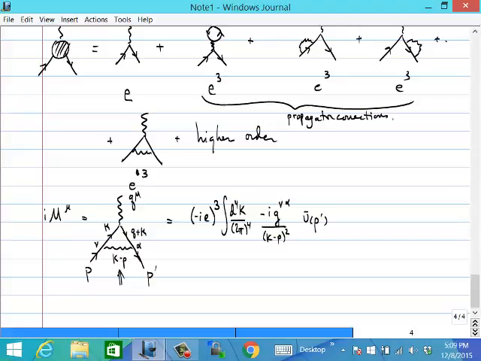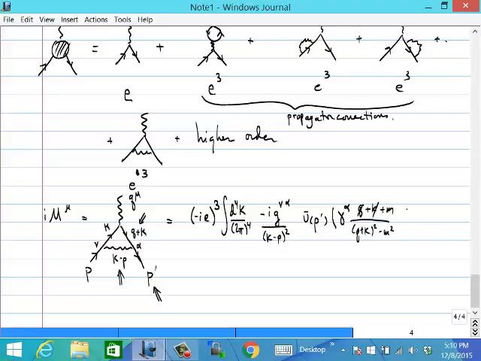So just tracing along the arrows, starting with the u bar coming from u bar of p prime, we have a u bar of p prime, a gamma alpha, which is that interaction term. Then we have the propagator of this one, which is q slash plus k slash plus m over q plus k squared minus m squared.